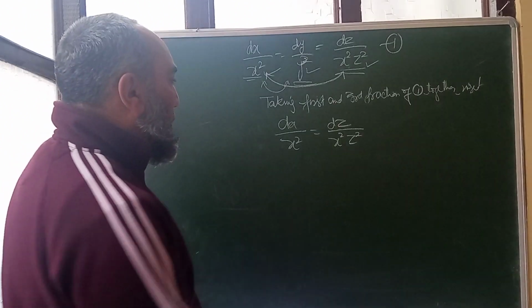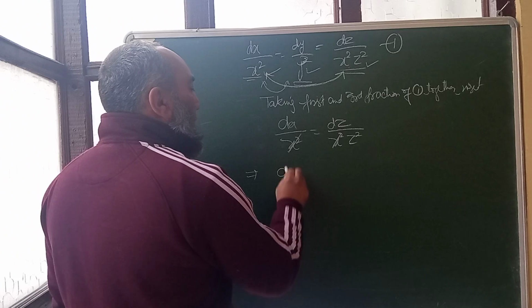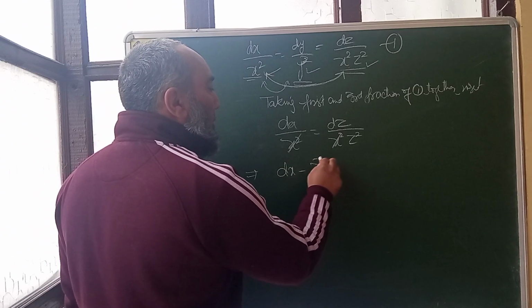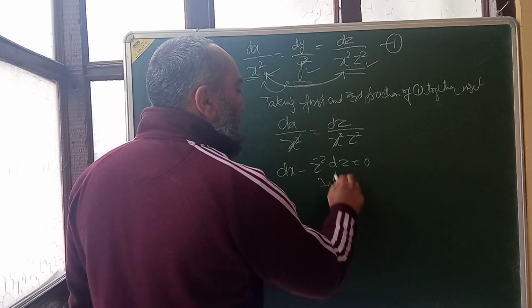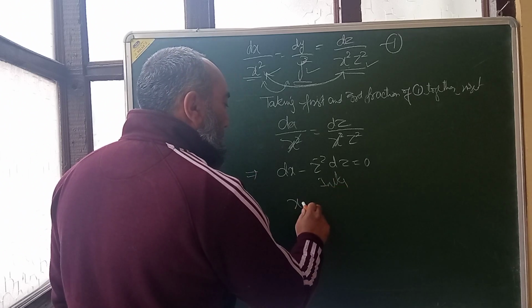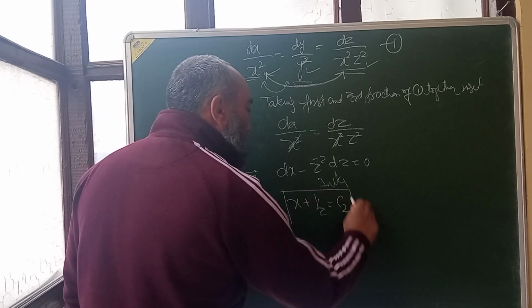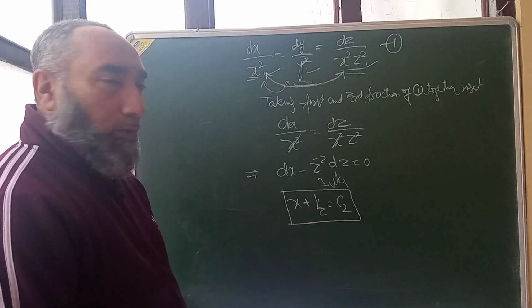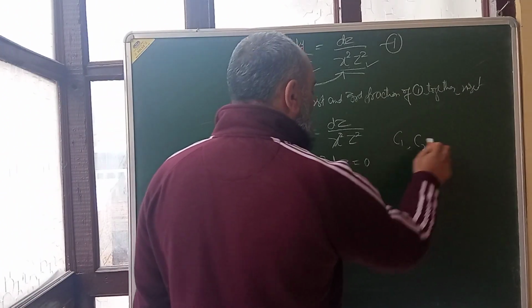So x square cancels out. This gives us dx minus z raised power minus 2 dz is equal to 0. Now let me integrate. I will get x plus 1 by z equal to c2. This is another solution. So c1 and c2, or u and v.